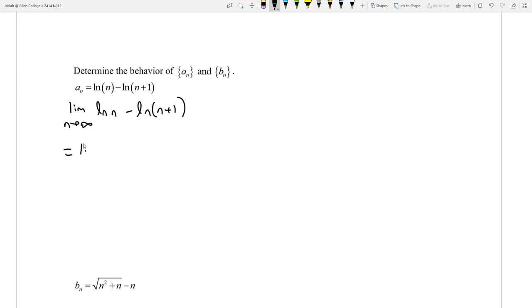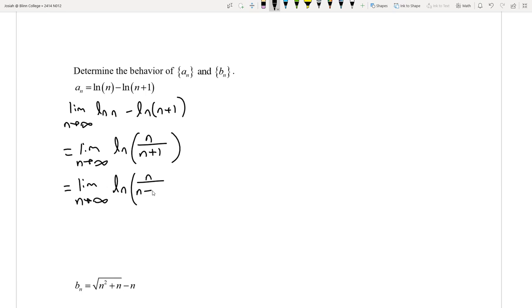Fortunately for us, we have log laws. If we have subtraction in between two logarithms, we can actually turn this into division in a single logarithm. At this point, then, we can go ahead and work on the inside here. We've got another rational function, it's two polynomials.